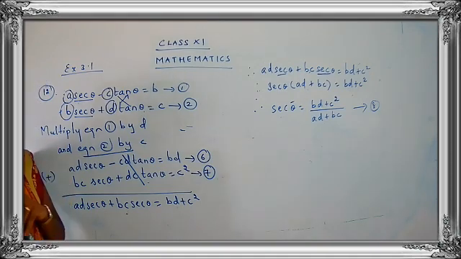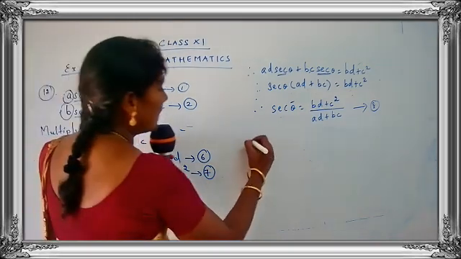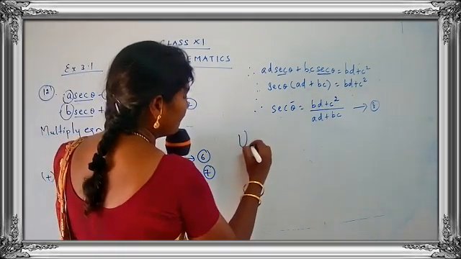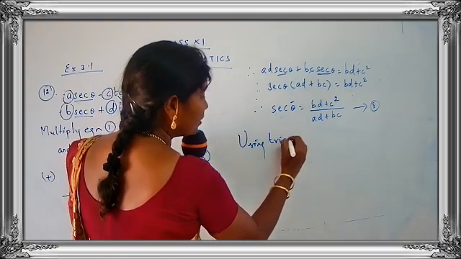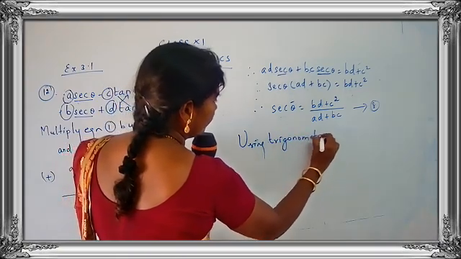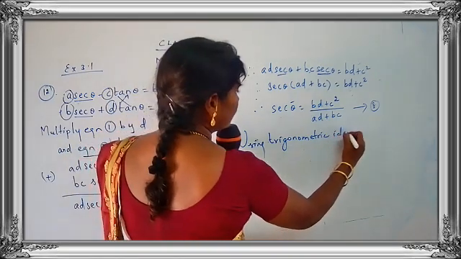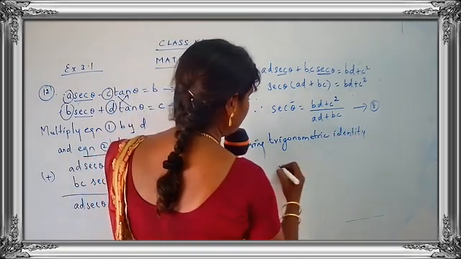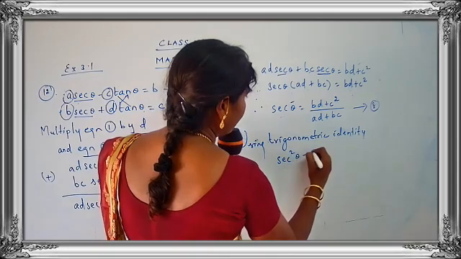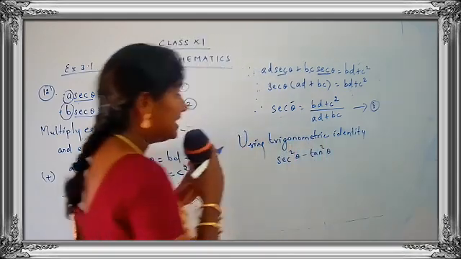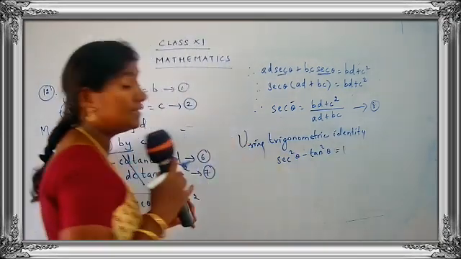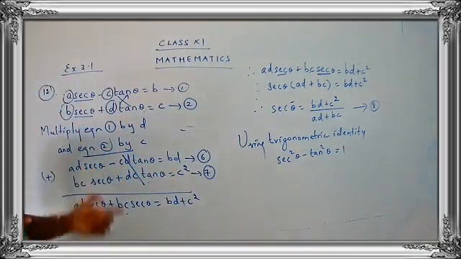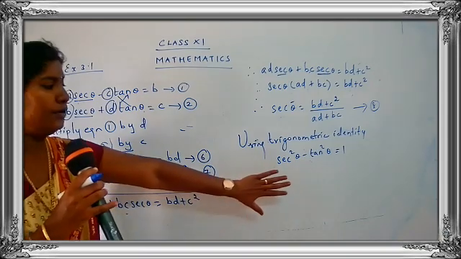What was the identity that we have studied? Using trigonometric identity, sec square theta minus tan square theta is equal to 1. This is the identity that we have studied in our lower classes. So we are going to use this identity.